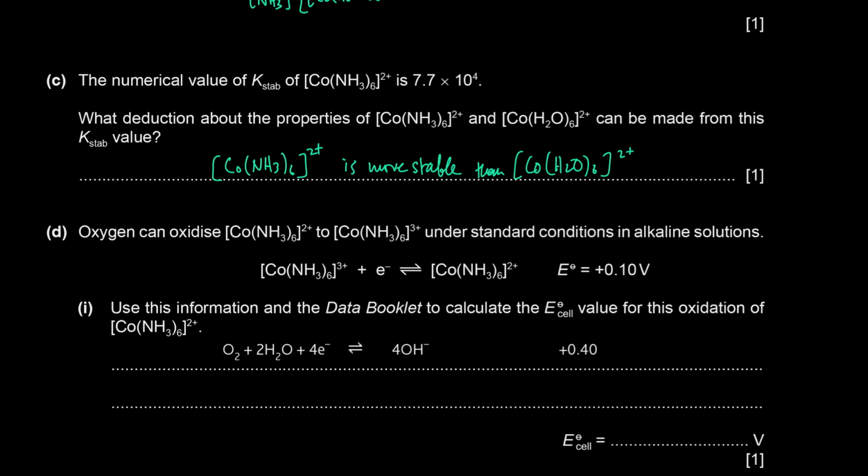Now, obviously, our reactant over here is Co(NH3)6 2+, right? So we're just going to reverse this equation over here. So we have a plus 0.4 for the oxygen, right? And if we just balance the equation on top, we're going to write the reverse equation for this.